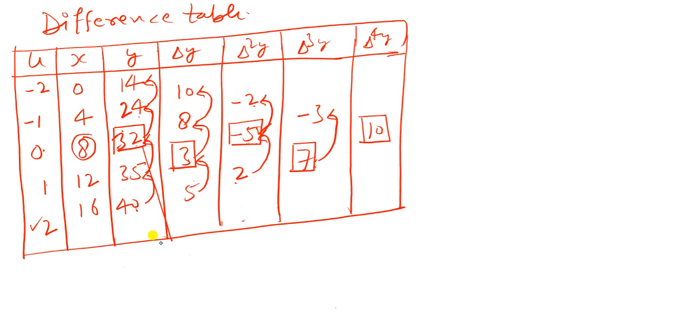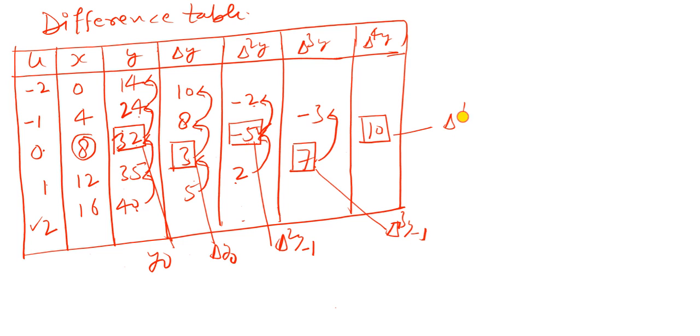So this is y0, this is del y0, this value is del 2 y minus 1, this value is del cube y minus 1, and this value is del 4 of y minus 2.